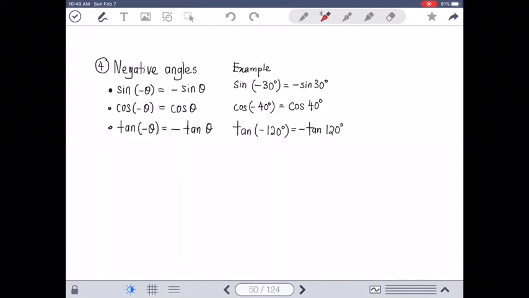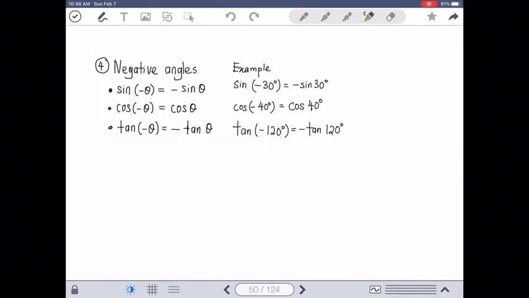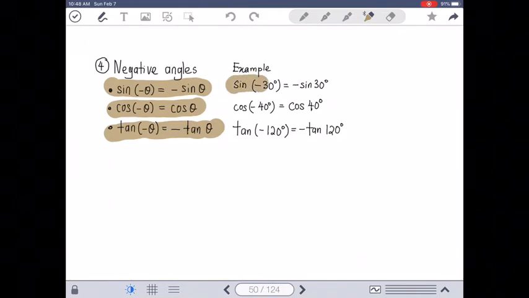Negative angles. For example, sine negative theta is equals to negative sine theta, cos negative theta equals to cos theta, tan negative theta equals to negative tan theta. For example, sine negative 30 is just equals to negative sine 30. Cos negative 40 is just equals to cos 40.